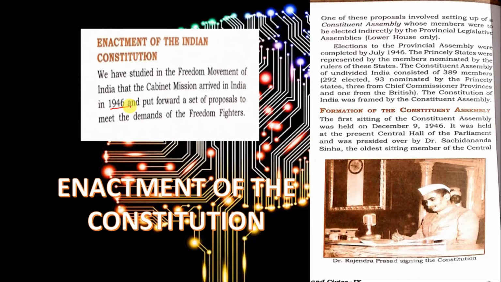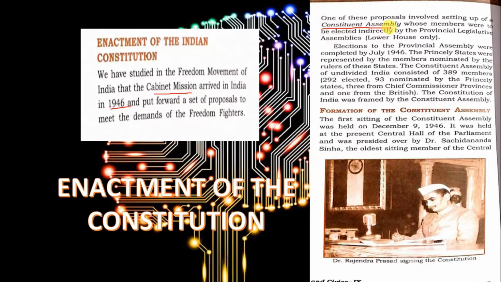In 1946 the Cabinet Mission arrived in India. The dates are very important. Next, one of these proposals involved setting up a Constituent Assembly.